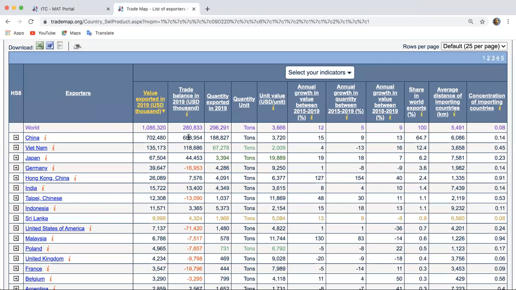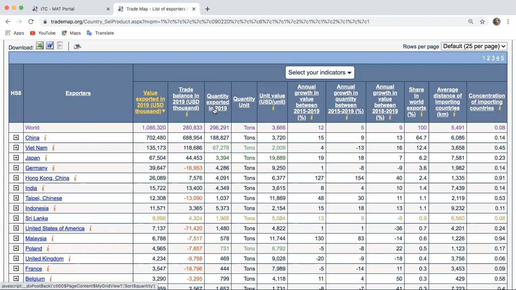So we can assume that it imported something like 20 million based on this trade balance. So it's interesting to see if these countries re-export maybe this green tea or they import more of a specific product than they export.